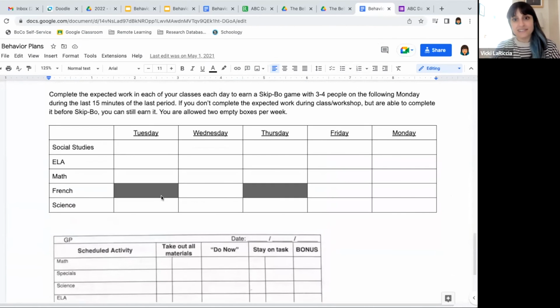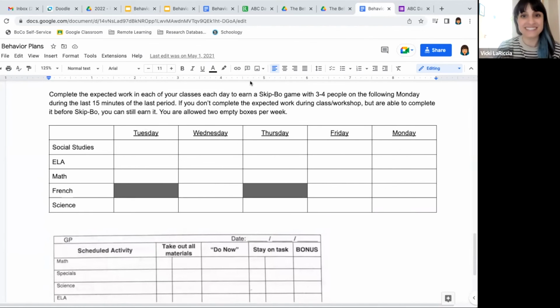So yeah, these other plans are weekly plans, and you can see that the student earns a game. They get to play this card game at the end of the week. And the behavior is to complete expected work in your class. This was a student who just wasn't doing their work when we knew that they could, and it was a choice not to. So that was the escape from demand function.